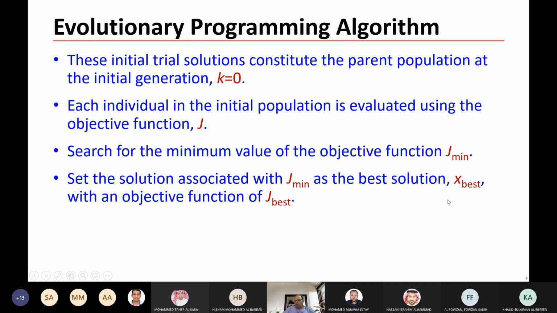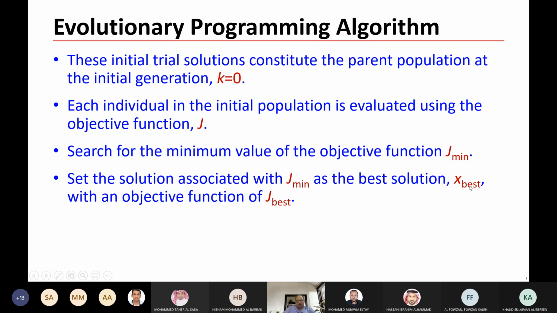Keep in mind, in our optimization process, the ultimate goal at the end is to find the best solution. So we set the best solution here with the minimum objective, assuming it is a minimization problem without loss of generality.